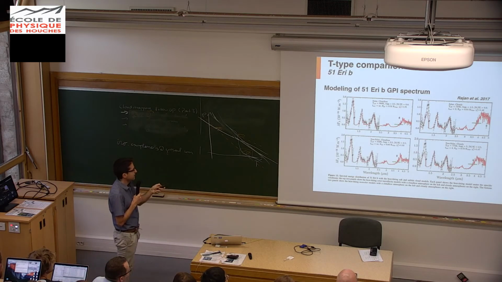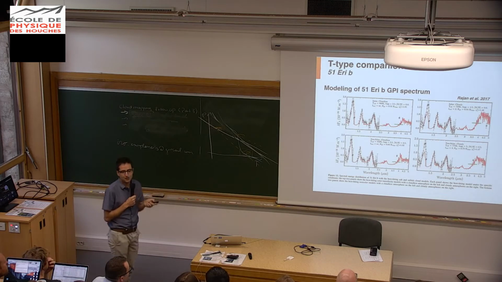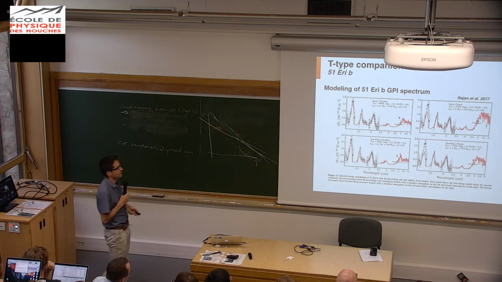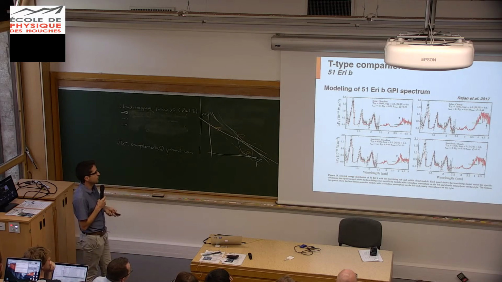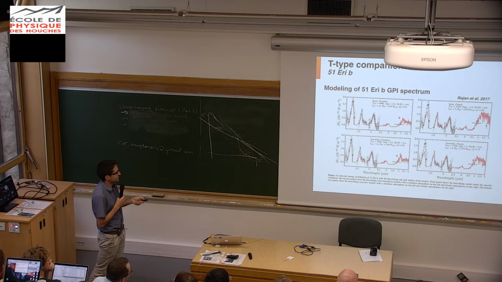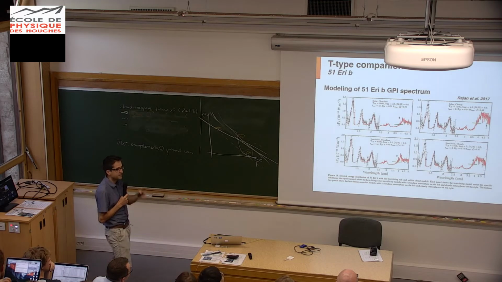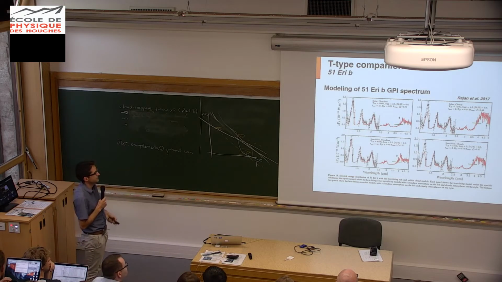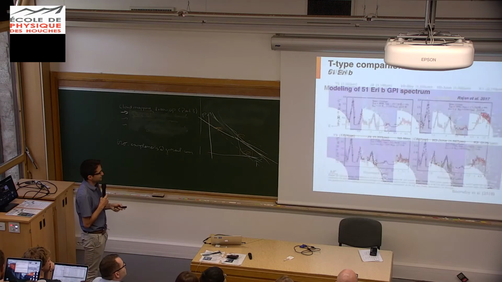So I won't give you any more details, but also finding a more reasonable value for the metallicity, closer to the solar value than the one we are finding with SPHERE. But as you can see, they fit. When you are including clouds, everything fits well, but at the J-band here, there is still some excess emission. So as I said, we really need to understand what's going on with the data first.